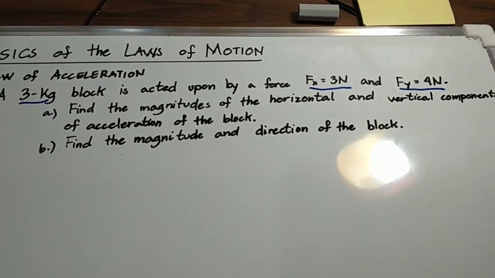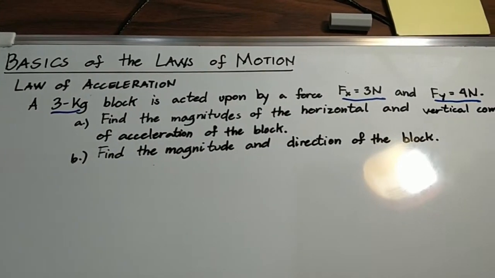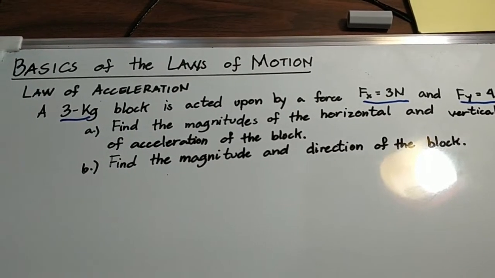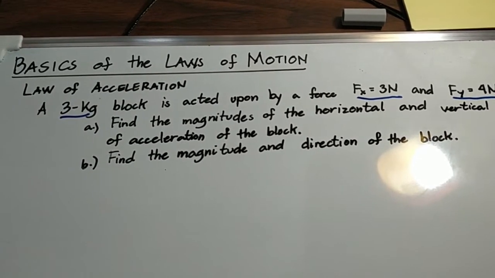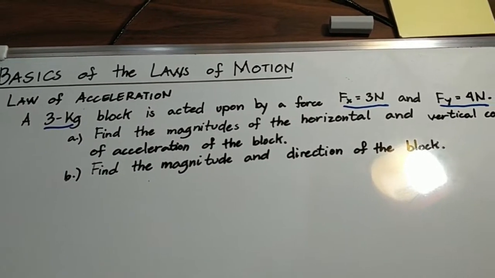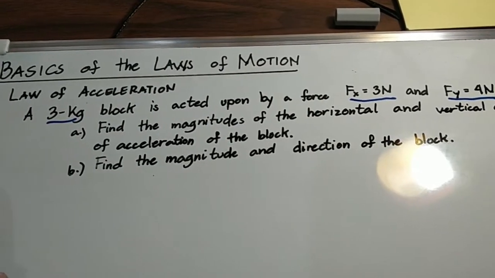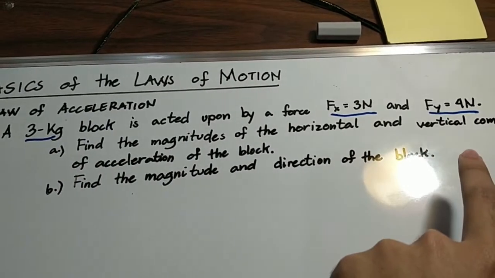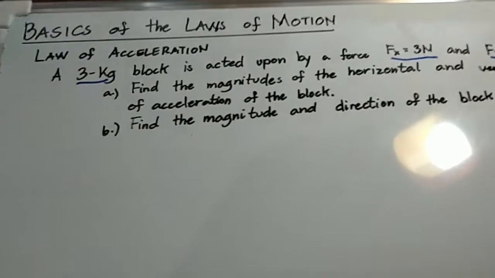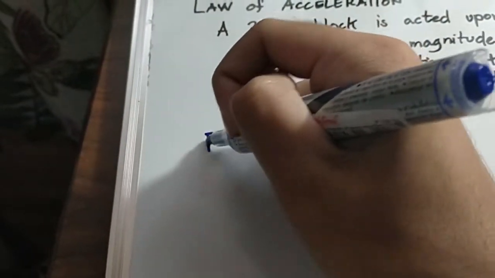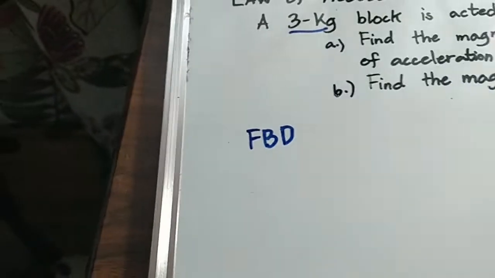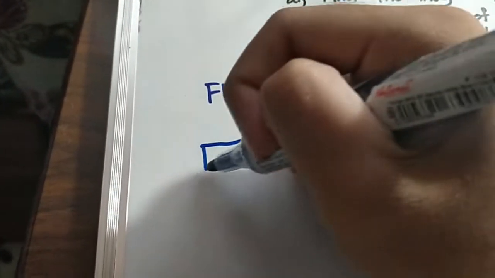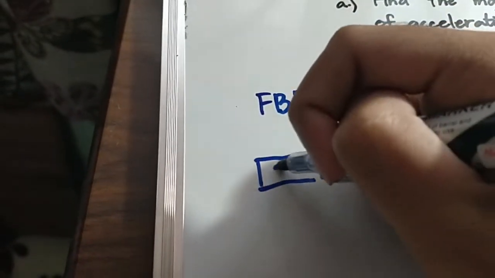So, ang ating gagamitin dito, obviously, sa law of acceleration is force equals ma. Ang una natin gagawin sa pagsosolve ng physics problems ay first locate mo yung mga given. So, meron tayo ditong given na 3 kilogram, 3N, and 4N. Ngayon, una-una natin gagawin is make an FBD or the free body diagram. Ngayon, meron daw isang block na 3 kilogram.